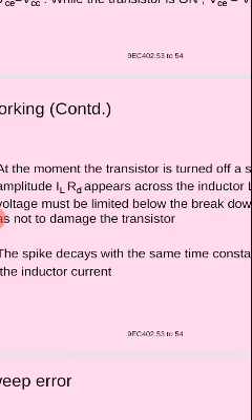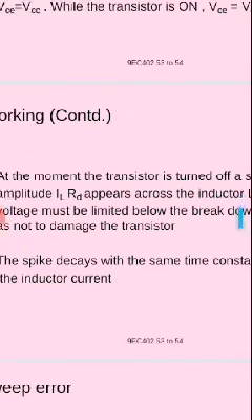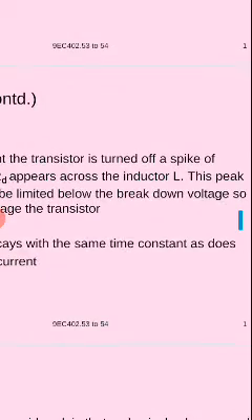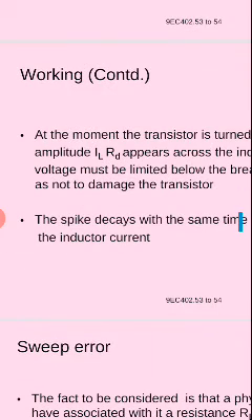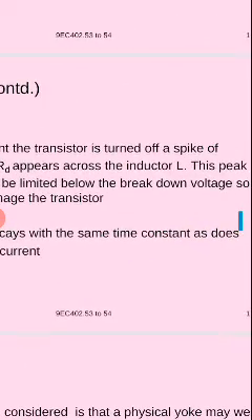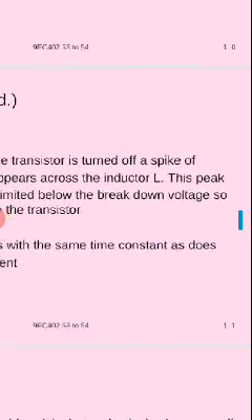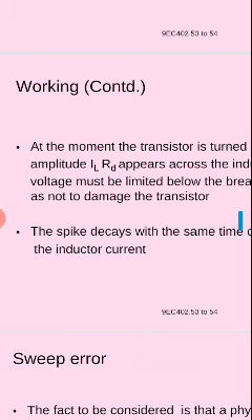At the moment the transistor is turned off, a spike of amplitude IL RD appears across the inductor L. This peak voltage must be limited below the breakdown voltage, so as not to damage the transistor.